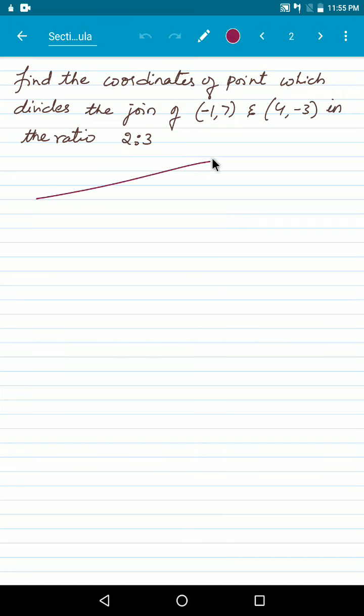See, always draw the diagrams. -1 comma 7 and 4 comma -3, and there is a point P which is dividing this line segment in 2 is to 3 ratio. So if we take this as x1 y1, this as x2 y2, and this is m1 and this is m2. Just now we have learned the formula.